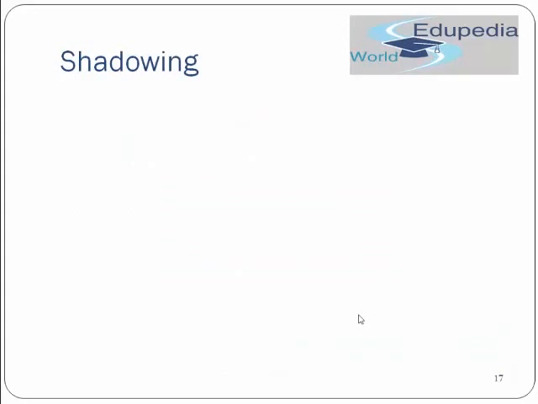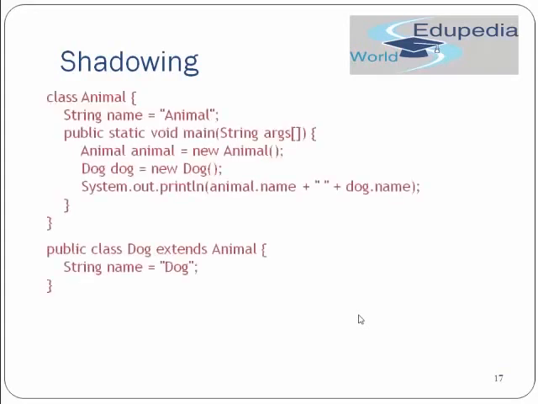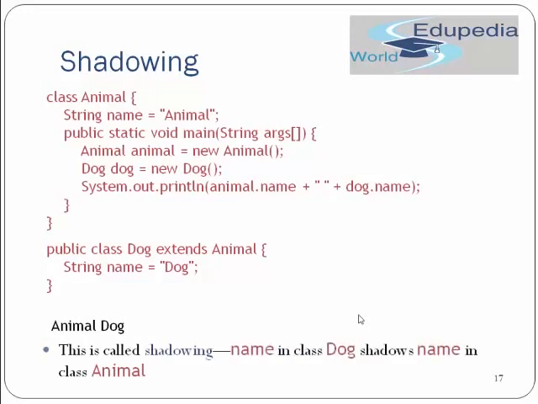Okay guys, now we'll be studying shadowing. Let's see this example. Over here we have a class Animal, and in this class we have a string name. Then we have written a main method, in which we are creating an object of the class Animal, with the reference also of Animal.